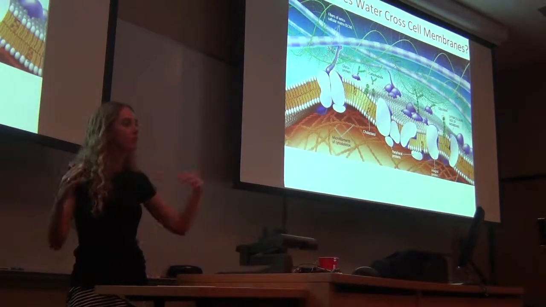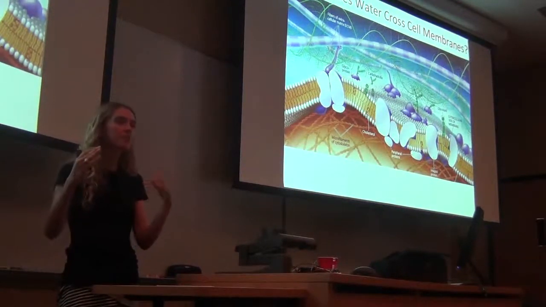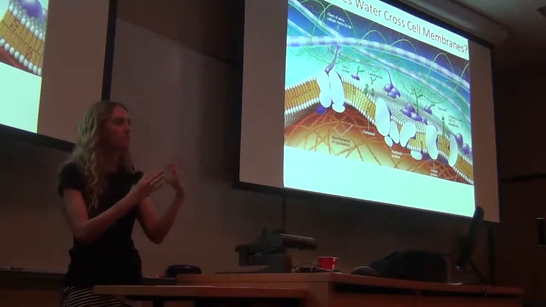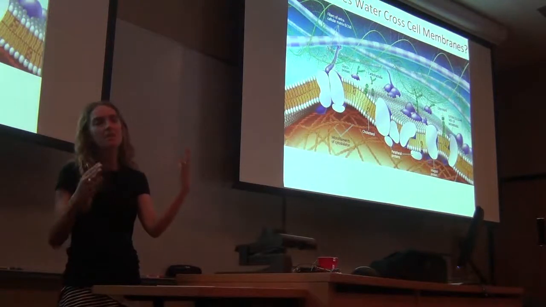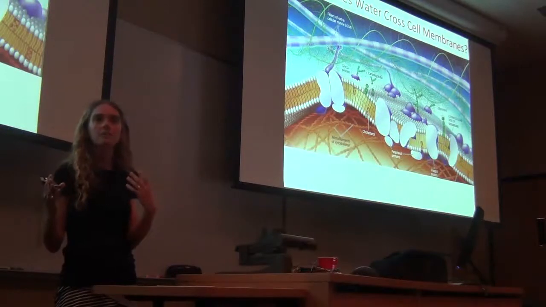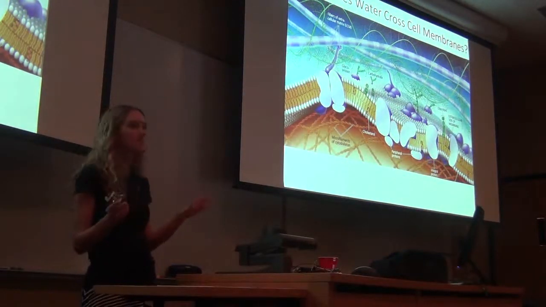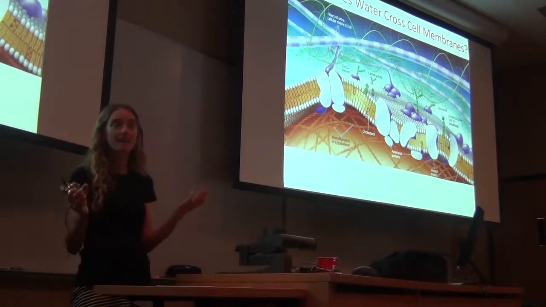I talked about the water flowing to resist the osmotic differential and the glucose molecules being trapped. But I never said how the water is going from one side to the other so easily when it's a highly polar molecule.